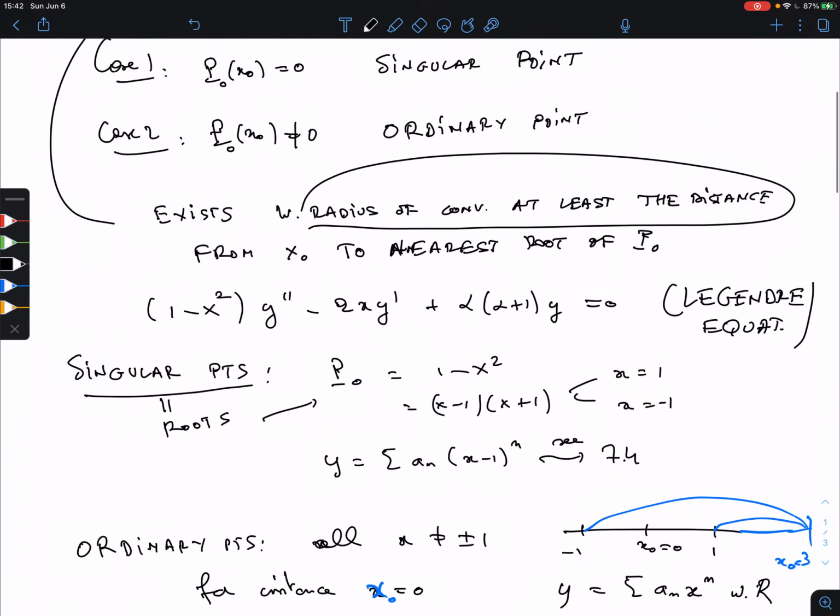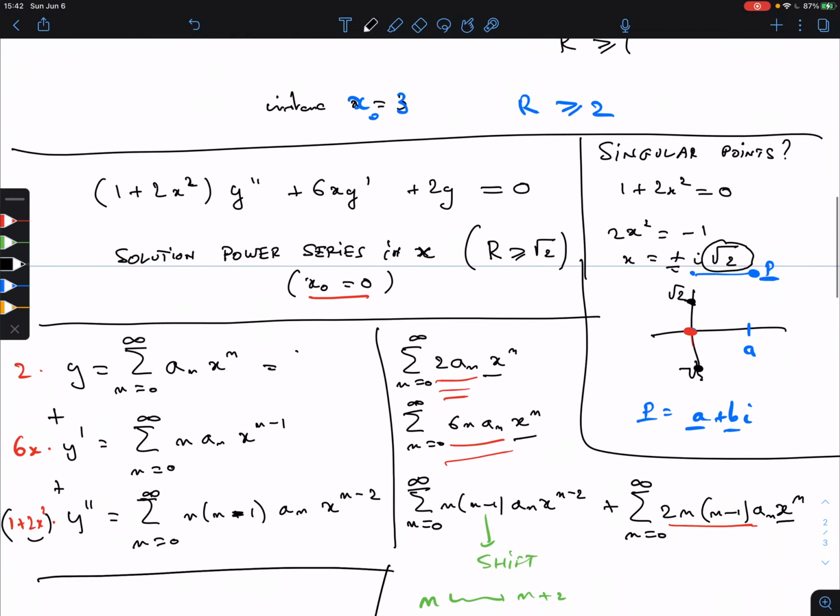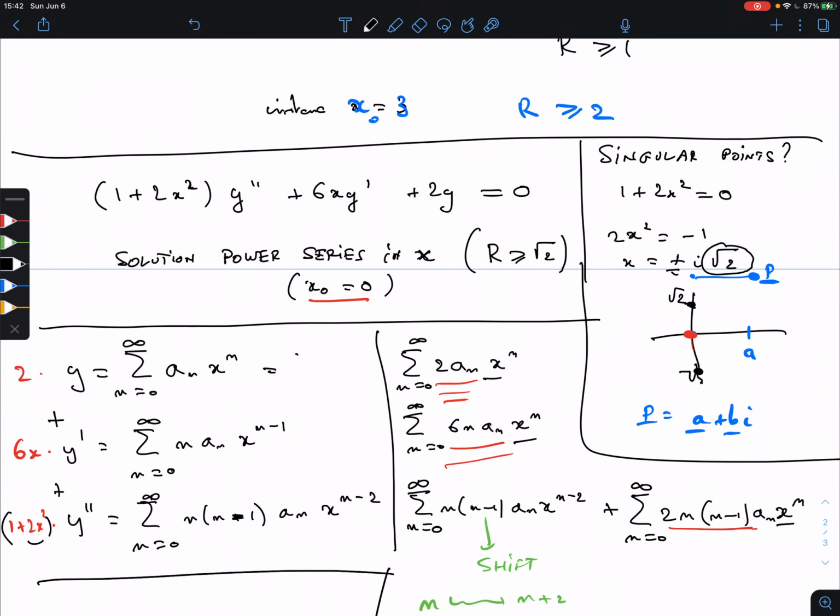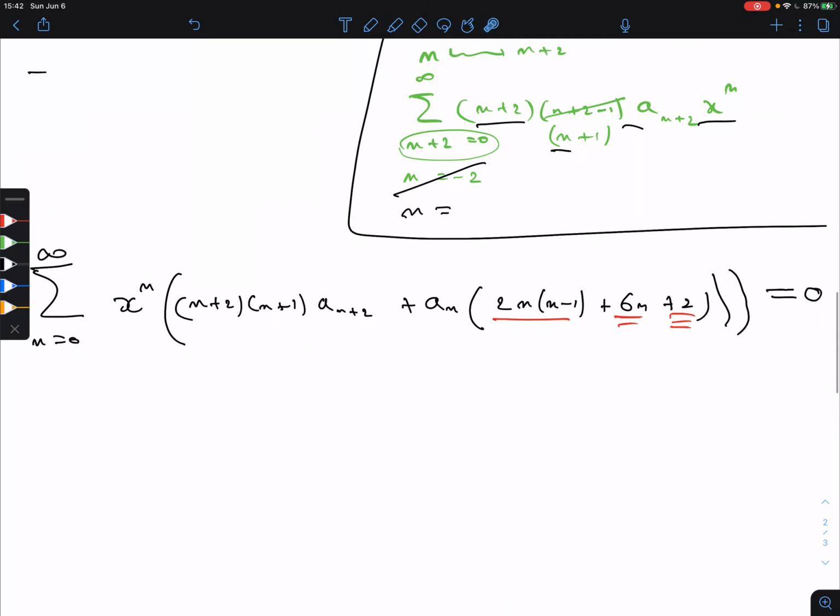Remember, because it's a homogeneous equation, what we did was, we said, okay, our solution looks like this, and now I'm going to take the double derivative, plug this into the equation, and put it equal to 0. So this whole thing should be 0. Now what does that mean? That means that each of the coefficients has to be 0. Okay?